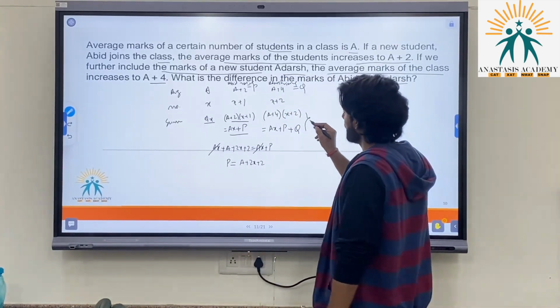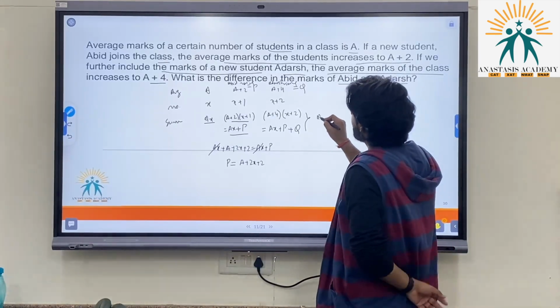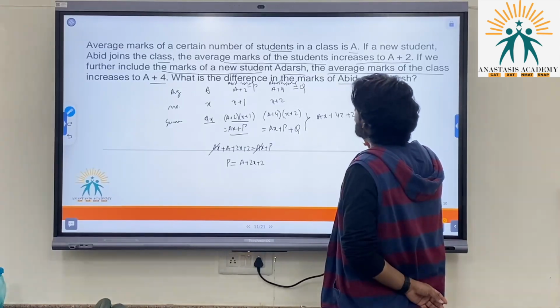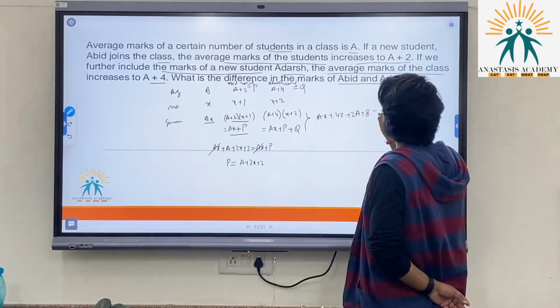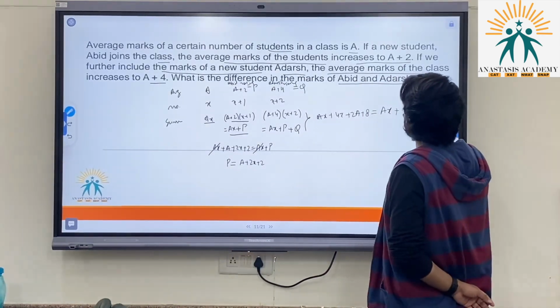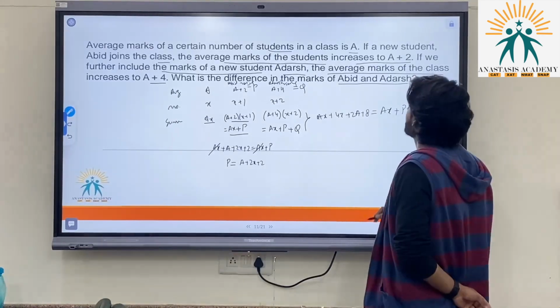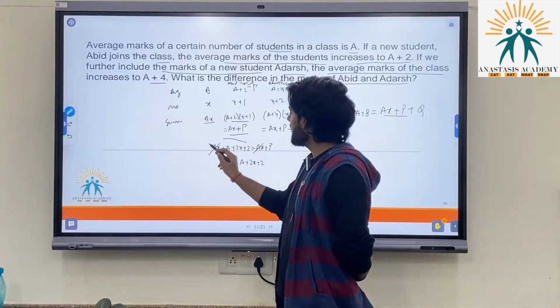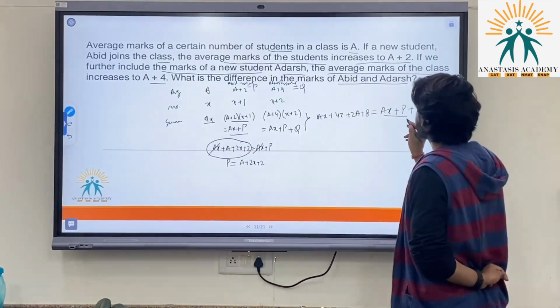Now equating these two, what would I get? AX plus 4X plus 2A plus 8 is equal to AX plus P plus Q. And I know AX plus P is already equal to this much.